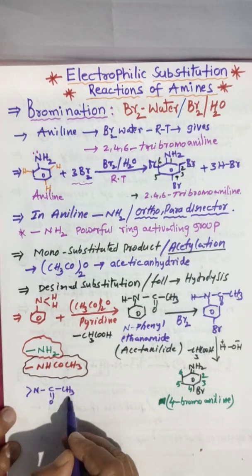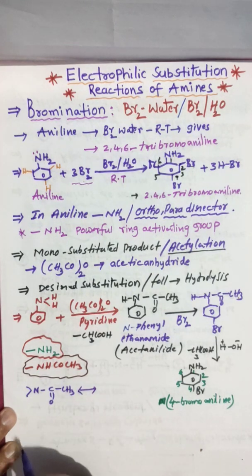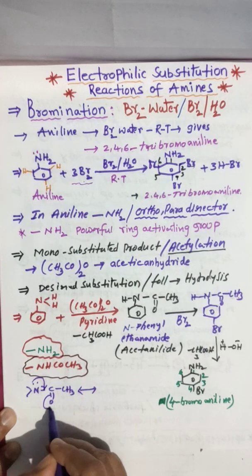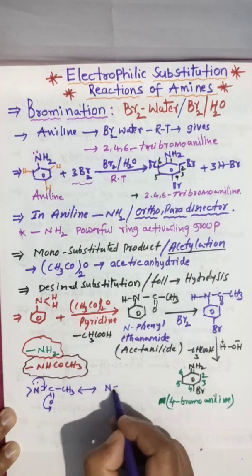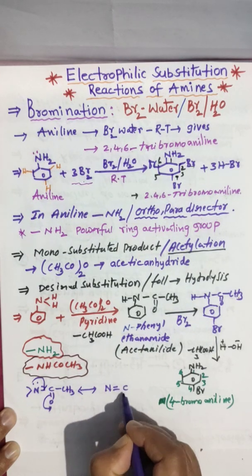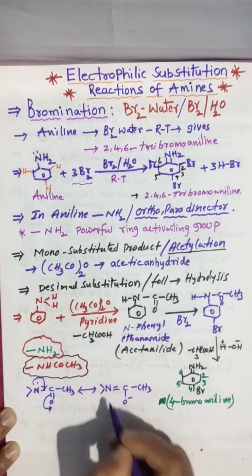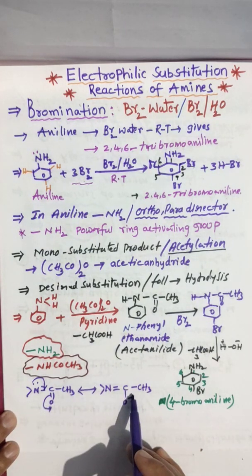And this NHCOCH3 group participates in resonance. Here the lone pair is there, this will come to here and this will go there. Then you are getting N double bond C, O minus, CH3. Means it is stabilized by resonance.